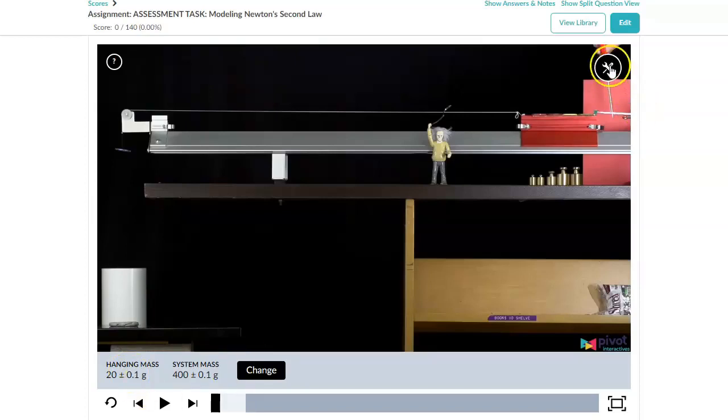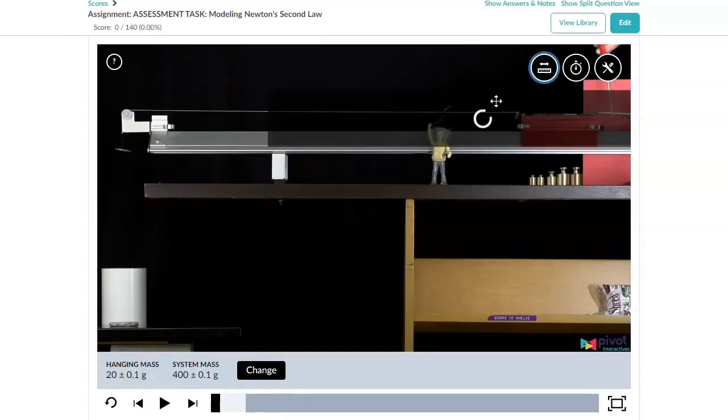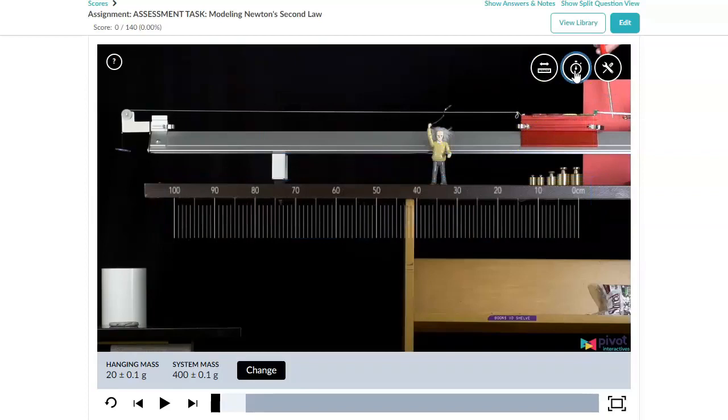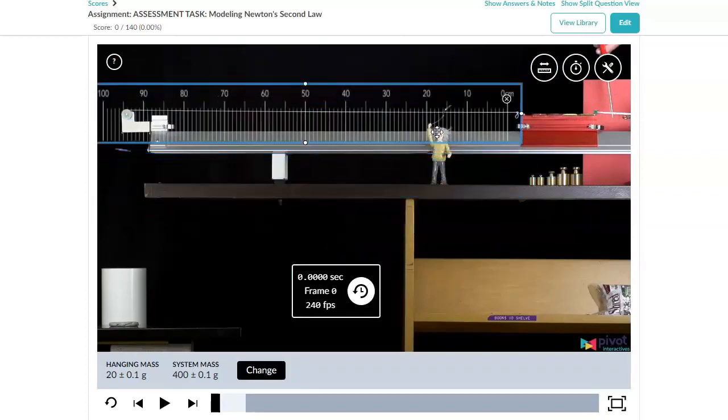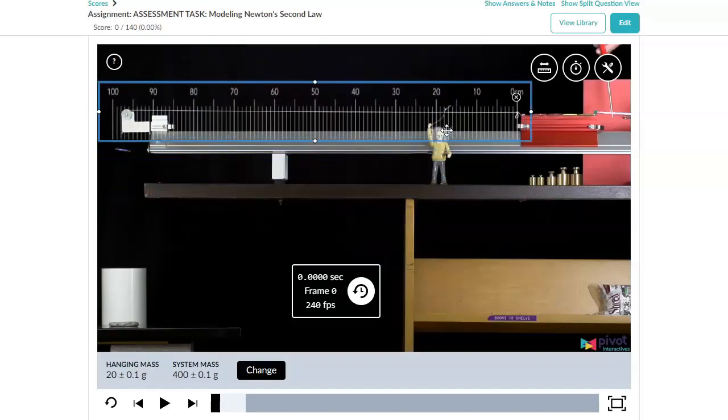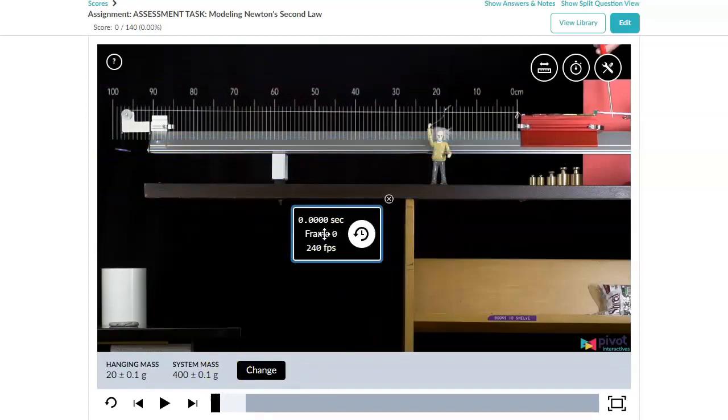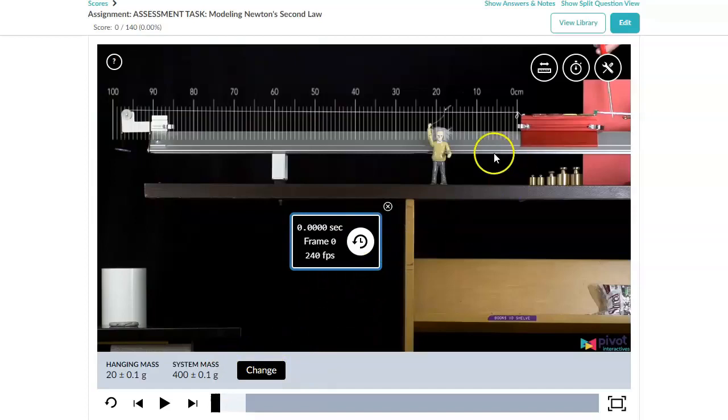Well, firstly, let's have a look at what tools we have available to us. So we have a ruler and we have a stopwatch. Okay, so we have a starting position of the glider and we have a stopwatch. So we will be measuring the time it takes to go over a certain distance.